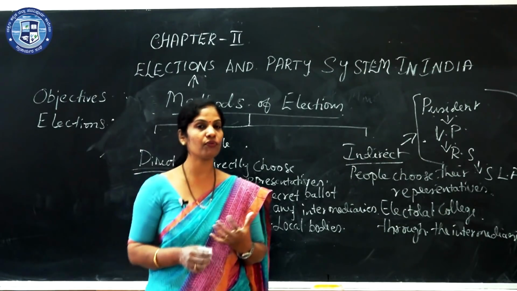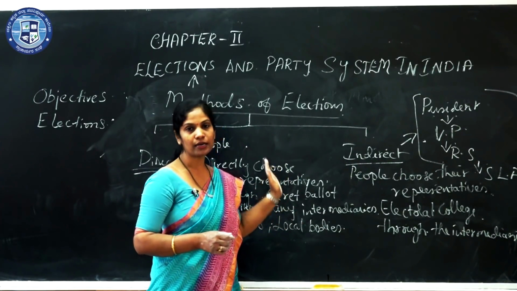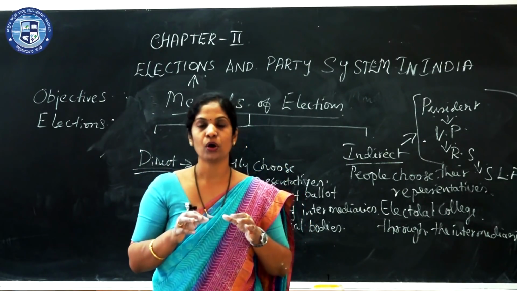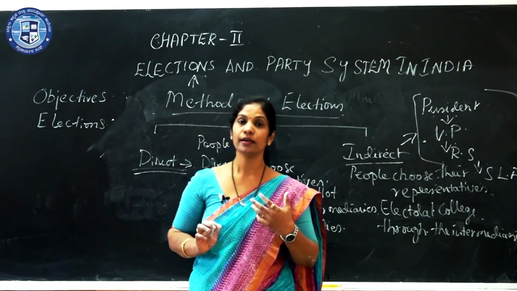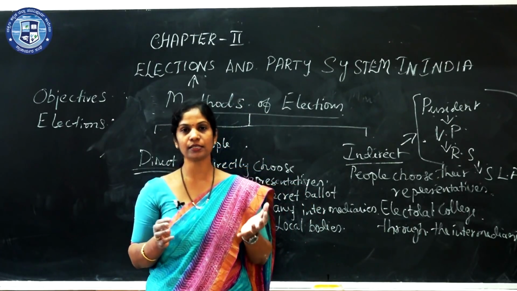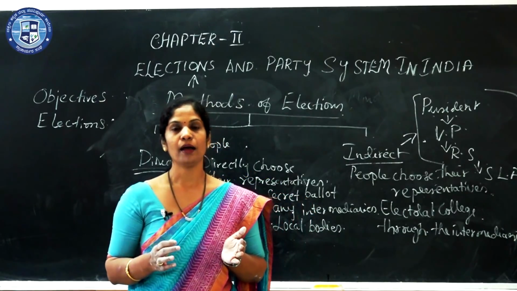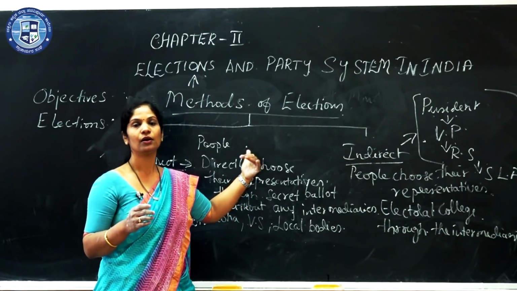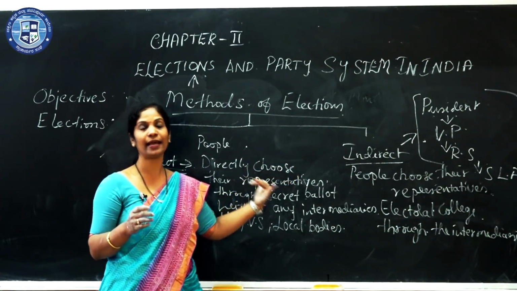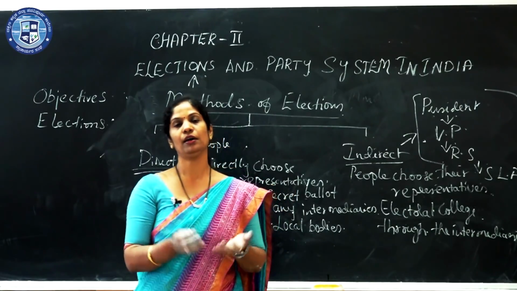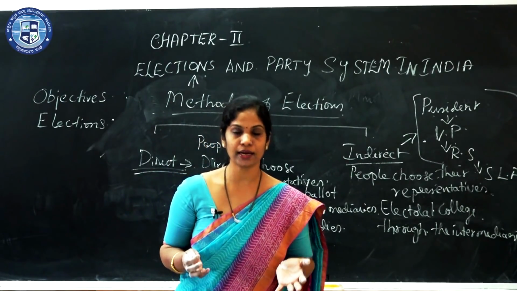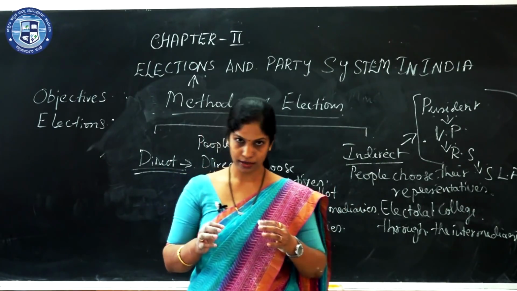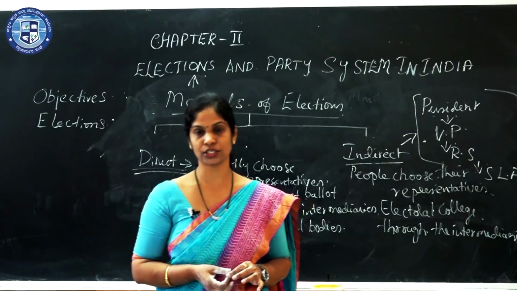Then, little scope for emotions. Under the direct method of election, emotion plays a major role, and we also consider it a trump card. You might have seen sometimes that if a legislator in power dies and the seat falls vacant, his family members are made to contest the elections.